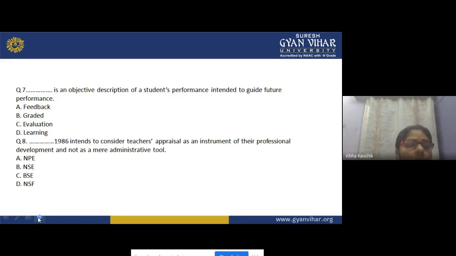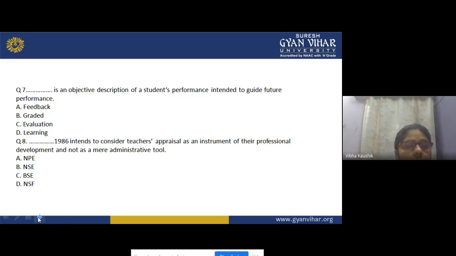Seventh one: dash is an objective description of students' performance intended to guide future performance. The A option is feedback, B is graded, C is evaluation, and D is learning. The correct answer is A, that is feedback.